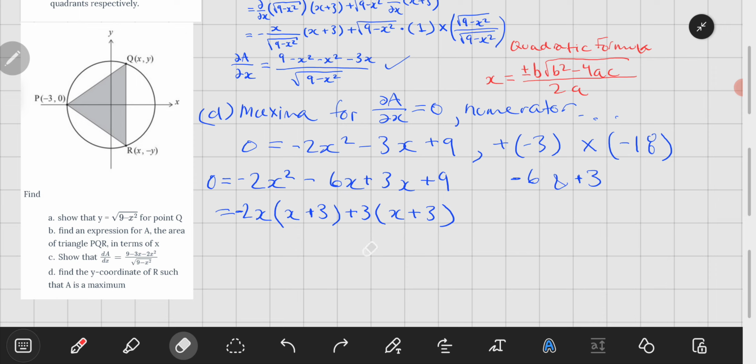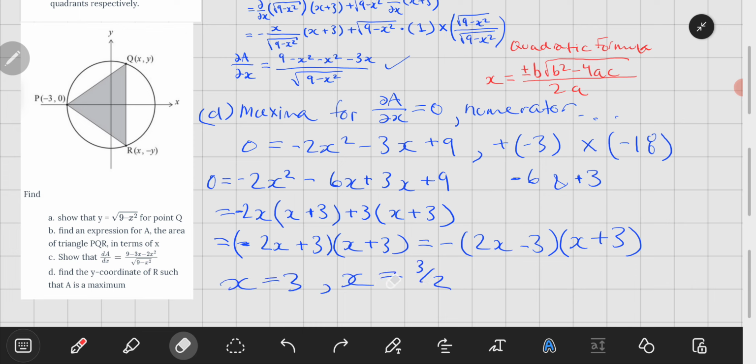Grouping further, our factored form is negative 2x plus 3 times x plus 3. We can factor out the negative so that we have 2x minus 3 times x plus 3. So now we know that our critical x values are x is equal to 3 over 2 and x is equal to negative 3. You should get the same thing by evaluating it in quadratic form.